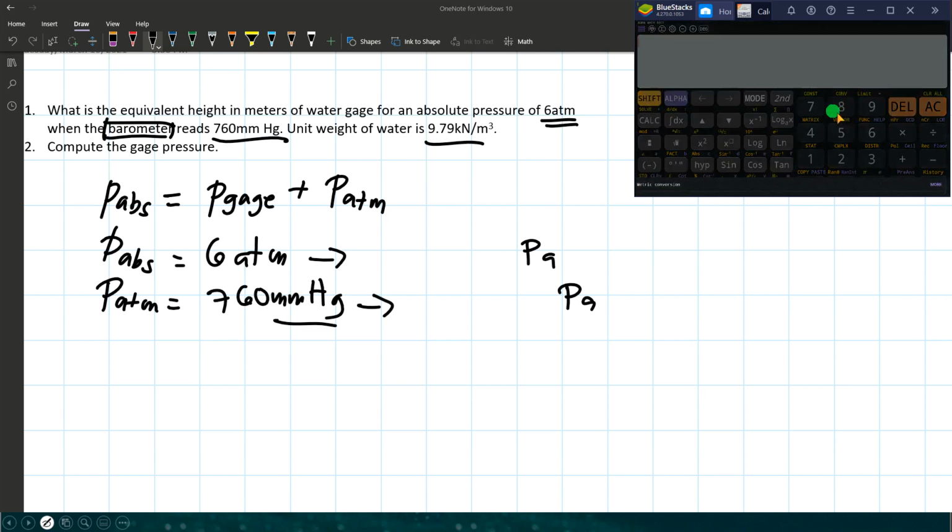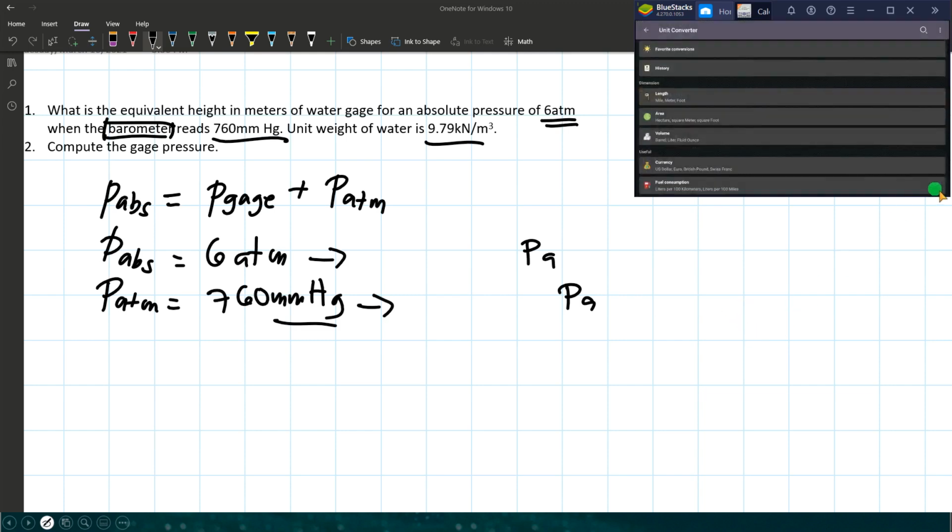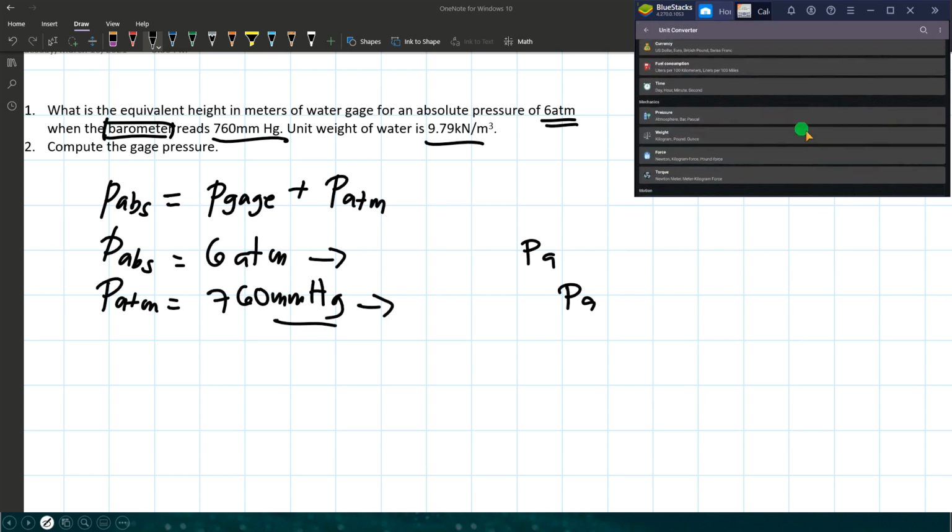If you're using Casio FX570 or 991ES, here in my virtual calculator, just look for the unit that we are going to convert. In Casio, that's number 25.